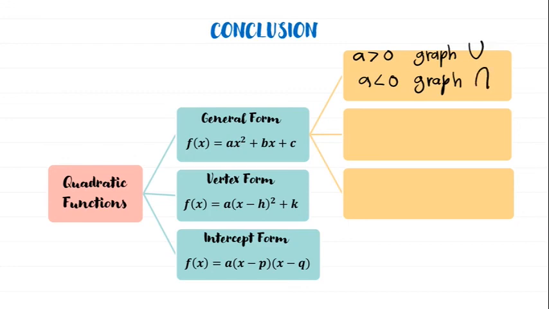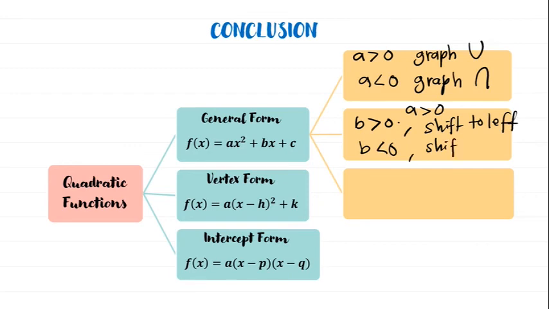Let's say for a more than 0, if b is more than 0, the graph will shift to the left, while for b less than 0, the graph will shift to the right.